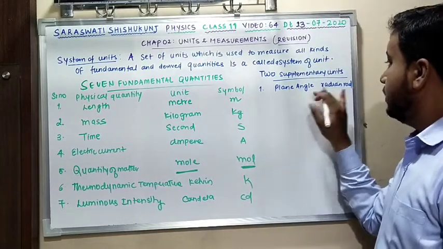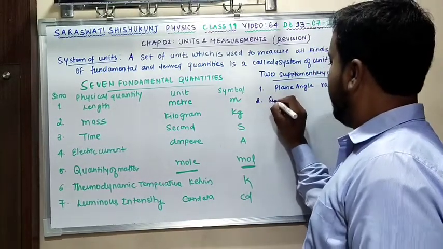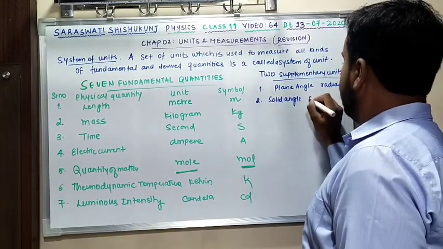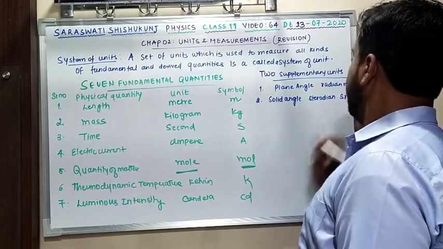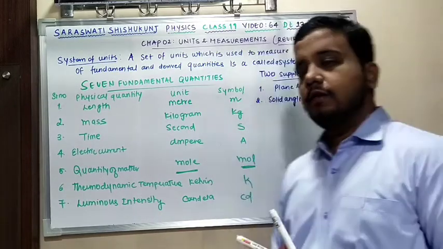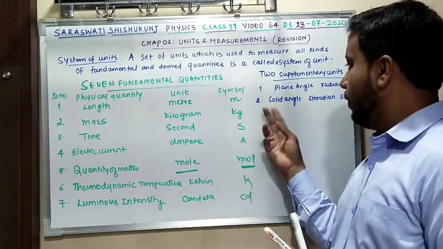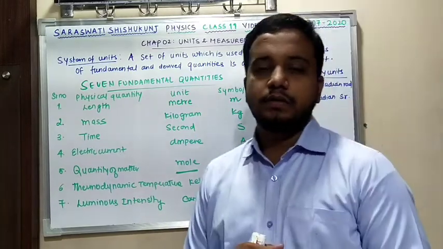Plane angle, radian, and denoted by symbol rad. Second is solid angle, that is steradian, and symbol is sr. Till this clear? 2 supplementary quantities: plane angle, radian, rad, and solid angle, steradian, sr. Till this clear?